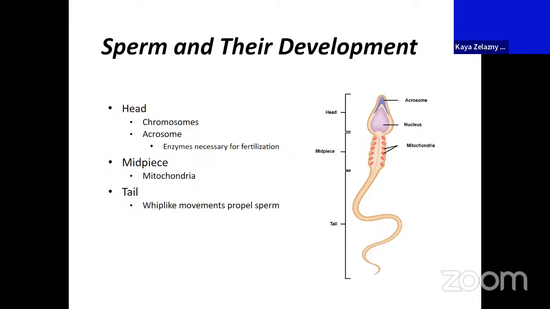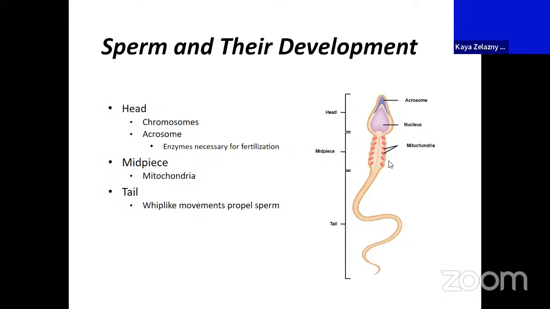So it only has half the typical amount of genetic information there in that nucleus. We also have this front piece on the head called the acrosome. The acrosome is kind of a baggie of enzymes. The enzymes in the acrosome are going to be needed for fertilization to occur. So this is going to break open and help fertilization when our sperm reaches an egg potentially.